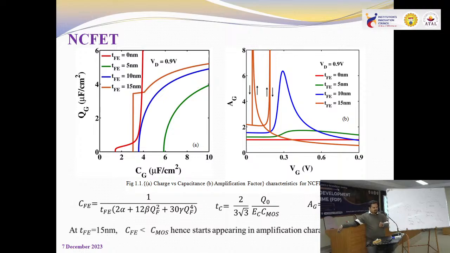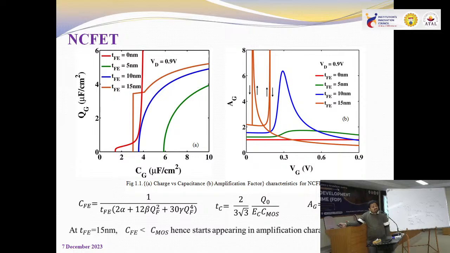Now, the amplification is maximum when, just see, these two curves come close to each other. So this was the CFE, correct? And this was for the MOS.